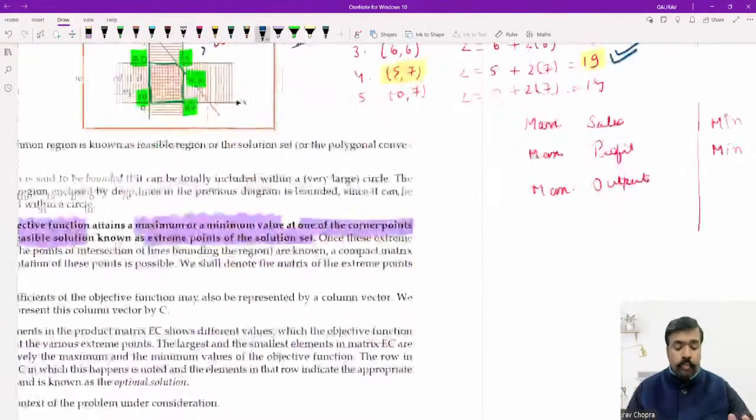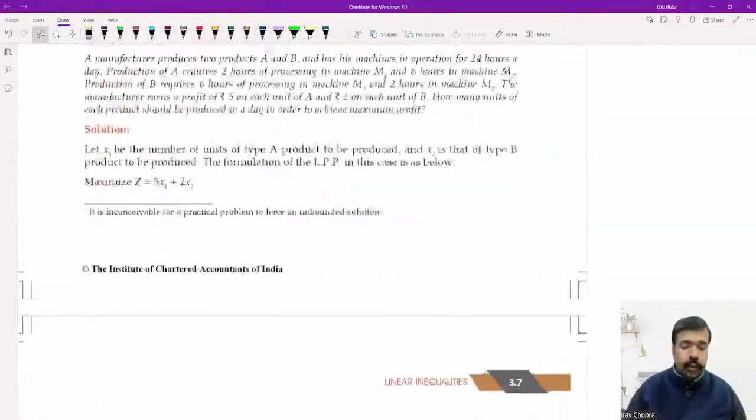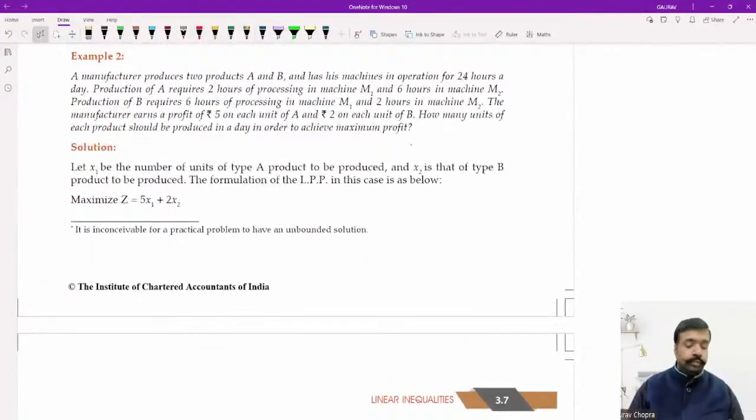But now we are going to take separate questions so that it will be easy for anyone to understand. Let us discuss 3-4 examples and you will get clarity on how to solve the question in the examination. All right, so let us move towards example number 2.